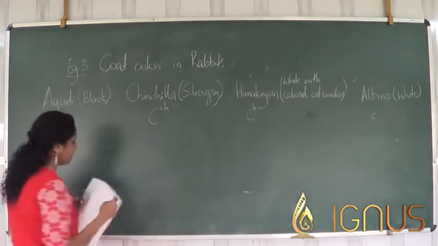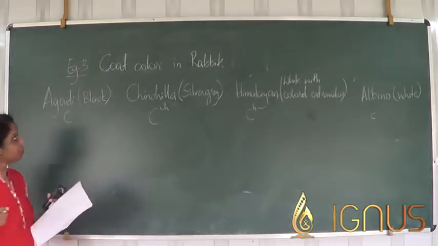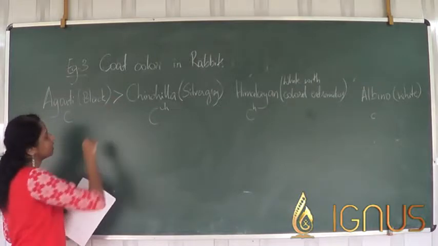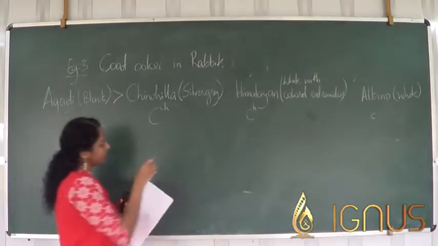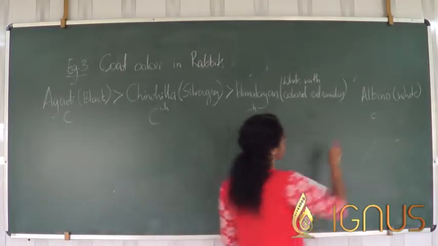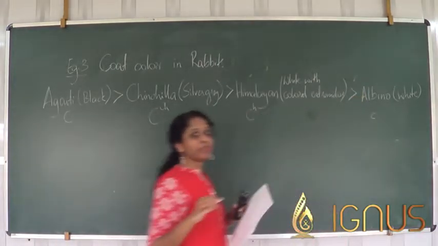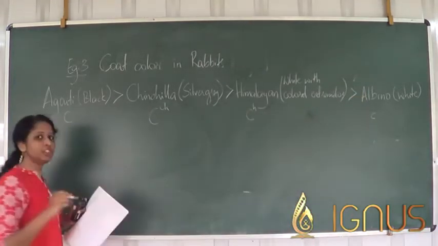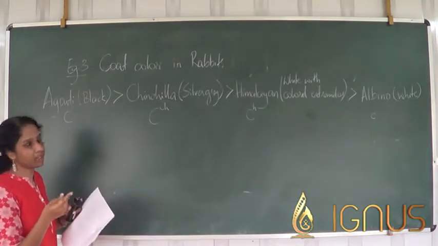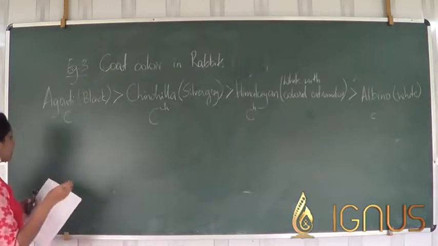Now, like in the peppered moth, the agouti is dominant over chinchilla. Chinchilla is dominant over the Himalayan. The Himalayan is dominant over the albino. So if you would take the genotypes which would give rise to agouti or chinchilla or Himalayan or albino, it would be of this kind.